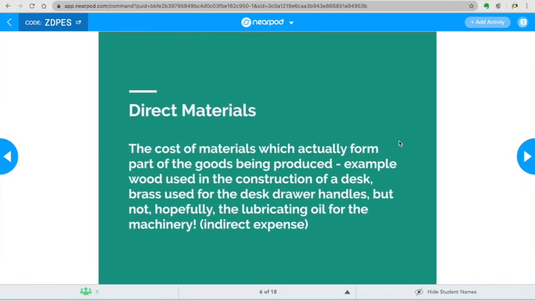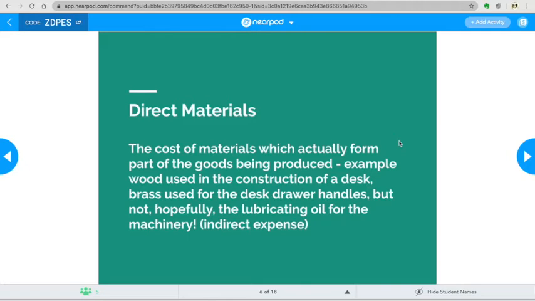Okay. Then, direct materials. The cost of materials which actually form part of the goods being produced. For example, the wood which is used in the construction of a desk, brass which is used for the desk drawer handles, but not, hopefully, the lubricating oil for the machinery.